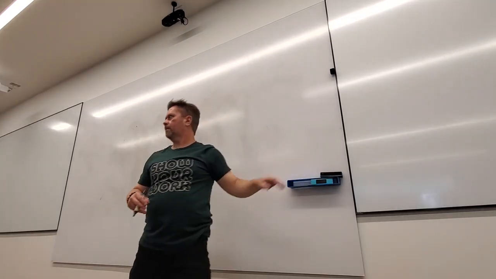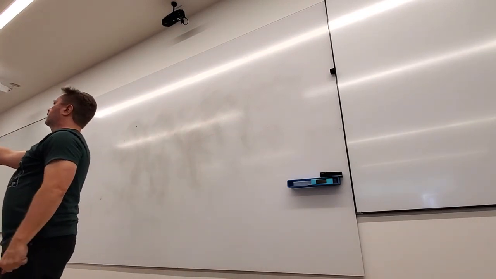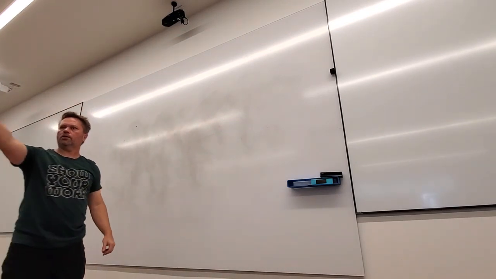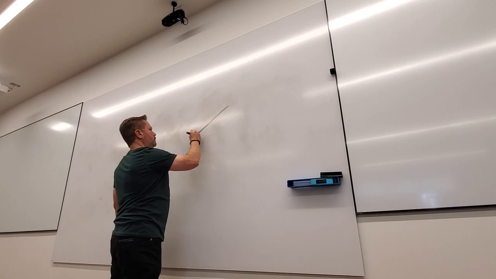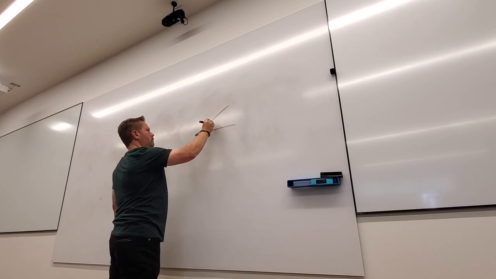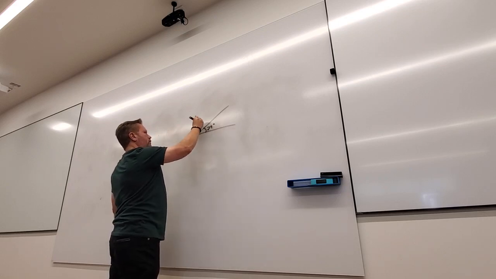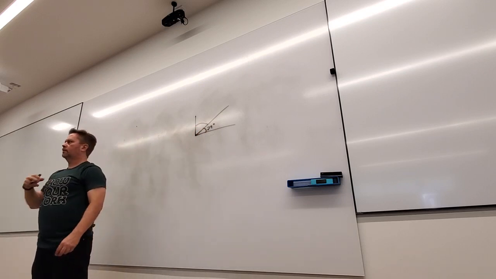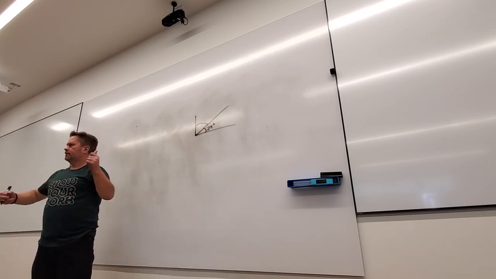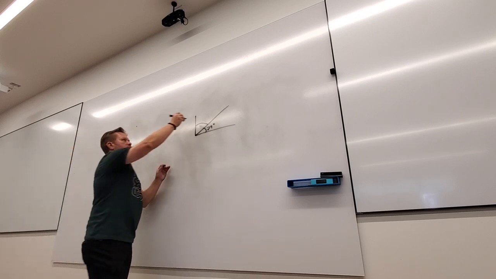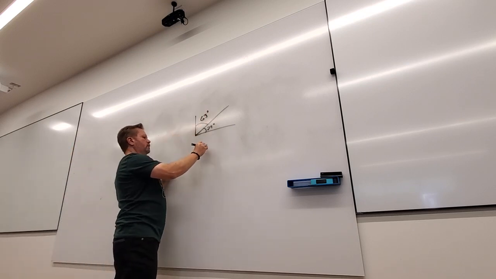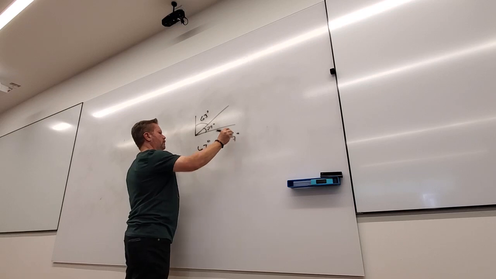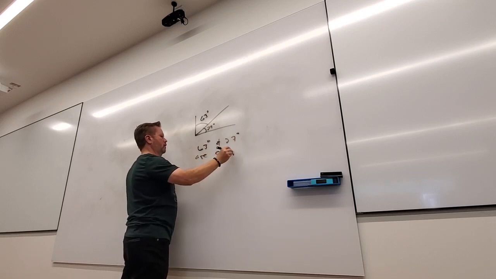Complementary. If I have a 27-degree angle, what angle do I need to put with that to make a total of 90? 63. So 63 degrees and 27 degrees are complementary.